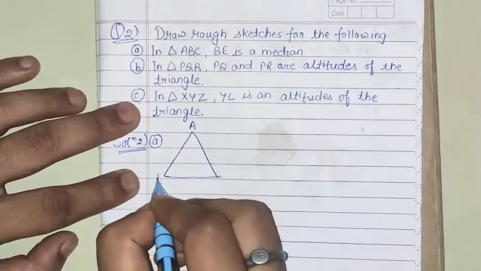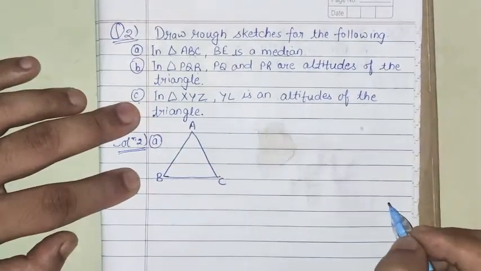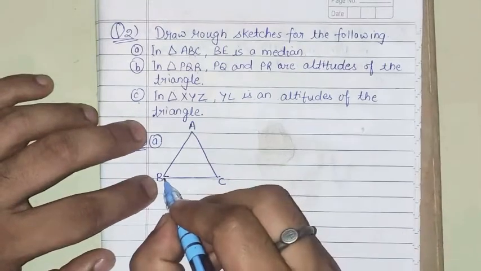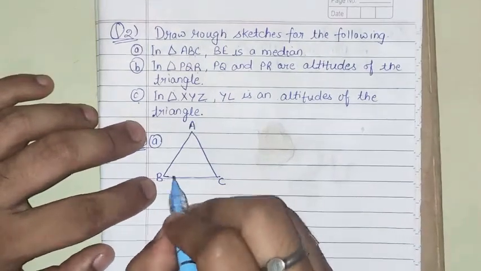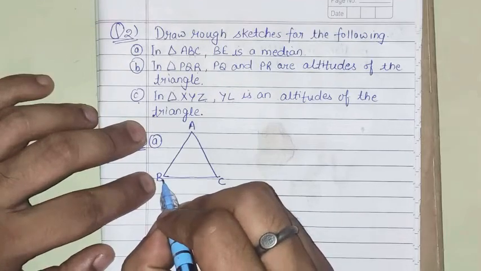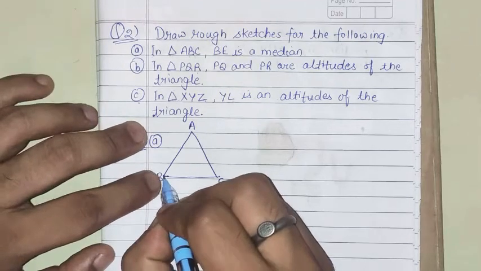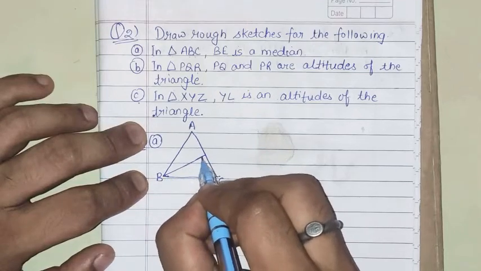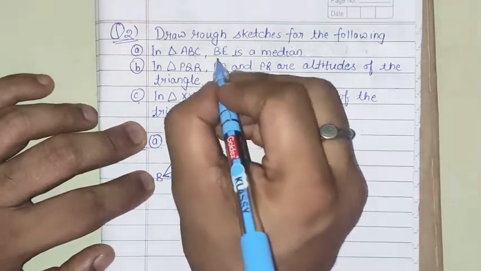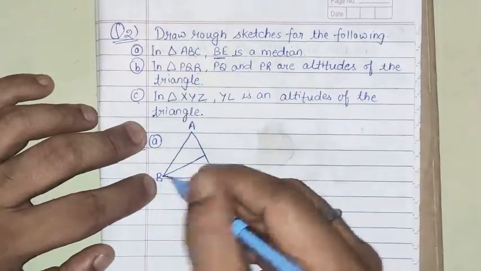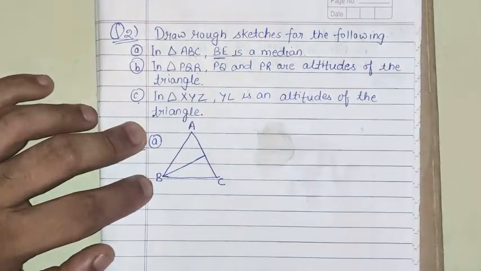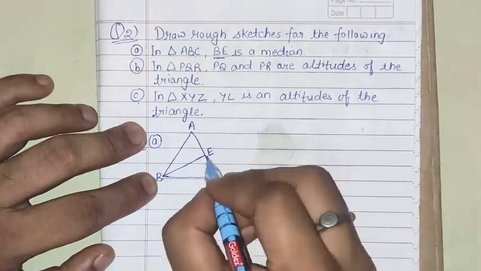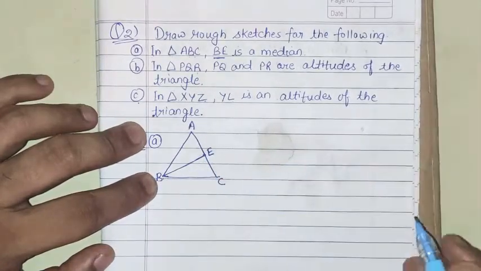We know what a median is: a line from a vertex to the midpoint of its opposite side. So we start from B to E. E is a midpoint, that means BE is a median.